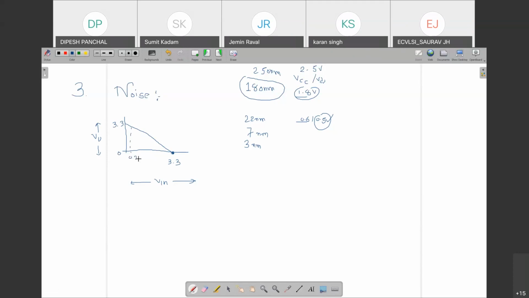Let's say 0.2 gives 3.1, and 3.1 gives 0.2. And what is the gain of this line? Slope. It is -1. So in absolute value, we can say gain is 1.